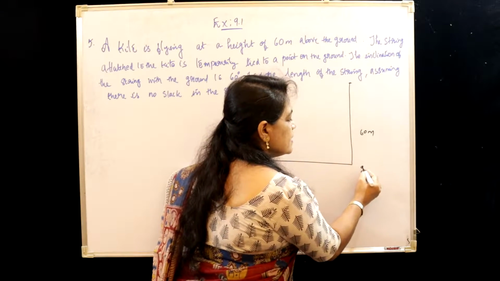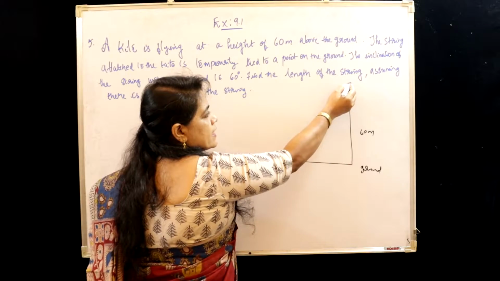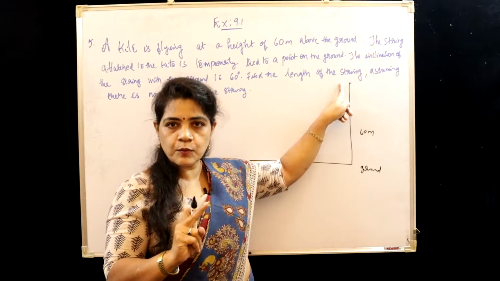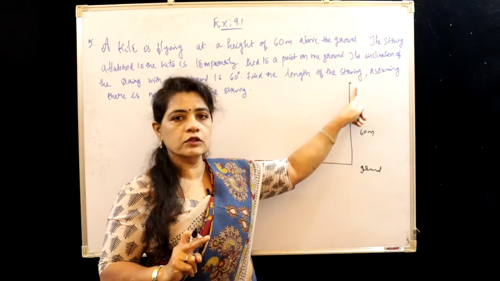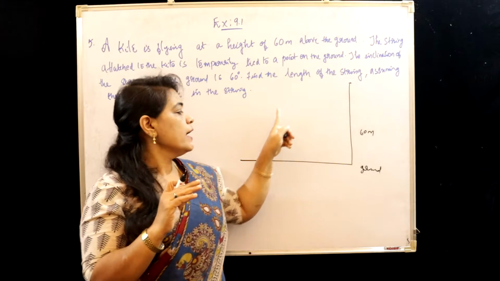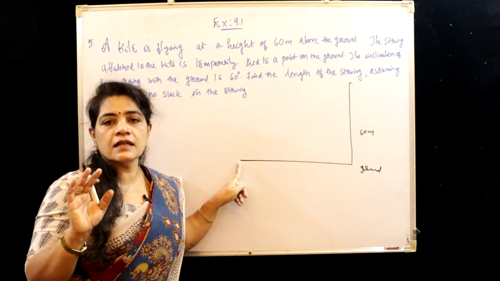And this is the string attached to the kite. Now the kite is at this point, which is 60 meters above the ground, and the string attached to the kite is tied to a point on the ground, and there is no slack in the string.